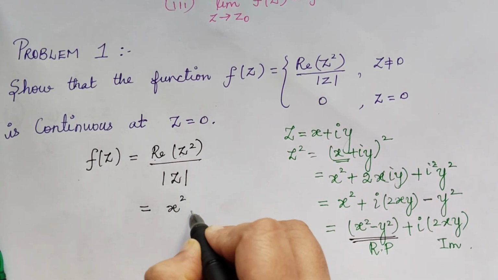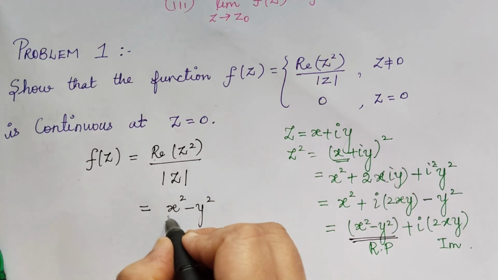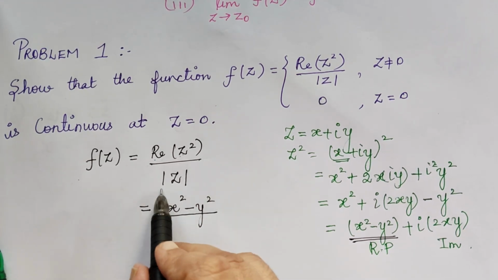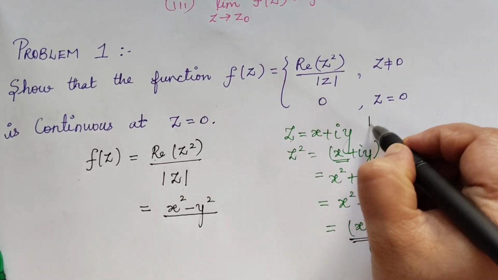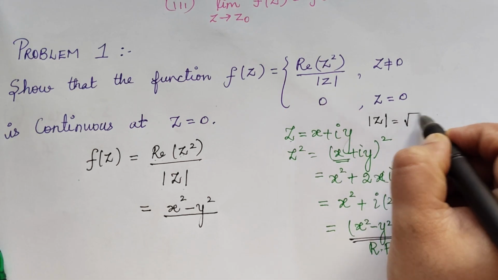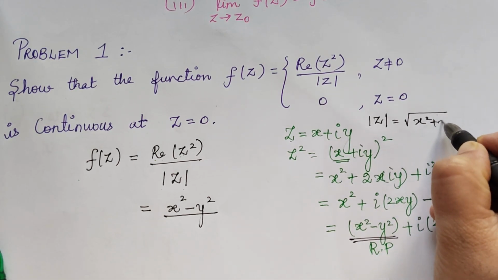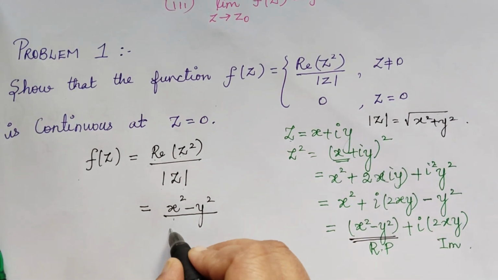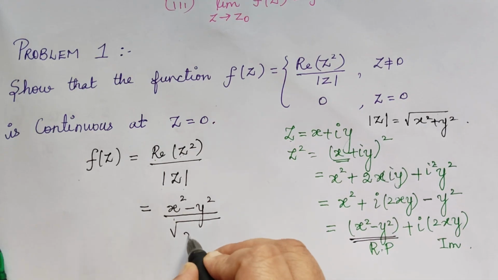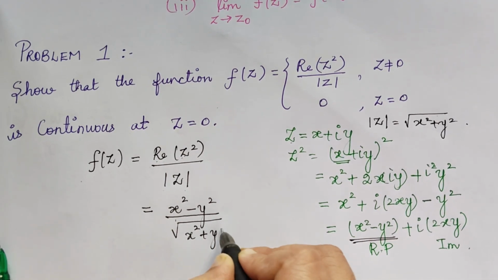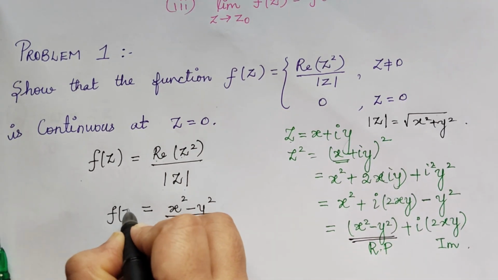So x square minus y square divided by, we know that modulus of z, by the formula, is equal to square root of x square plus y square. So here we will be having square root of x square plus y square. So this is our f of z.